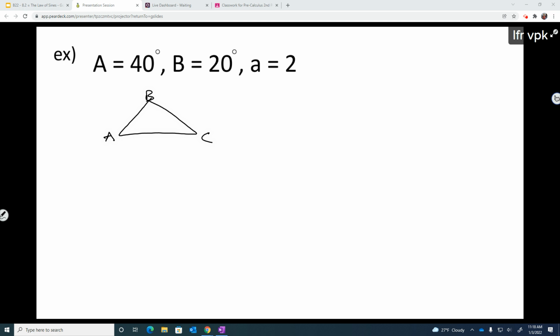So opposite of big A is little a, opposite of big B is little b, and opposite of big C is little c. And then we'll go ahead and write in the information that we know. So big A is 40, big B is 20, and little a is 2.